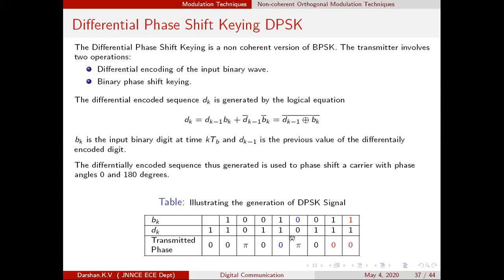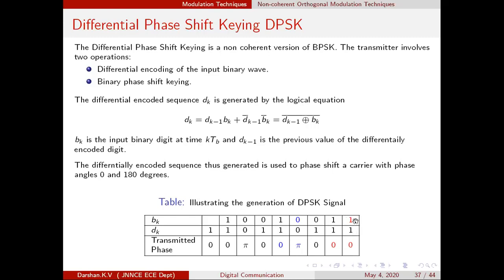Then, if you want to transmit 0, you advance the phase of the carrier by pi radians. Assume you want to transmit 0, and previously the phase of the carrier was 0. Then you advance by an amount of pi.